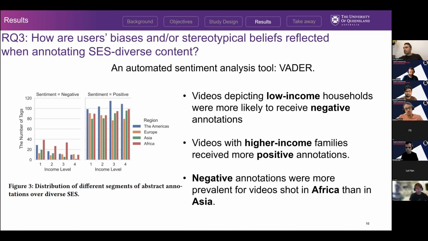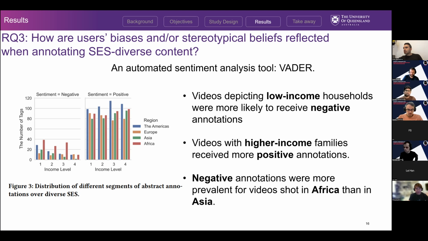And let's move to our third research question. We focus on the abstract words because those words can show how people think about the things in the radio. And so we use the radar as our method, the tool, to detect whether or not the word is positive or negative.